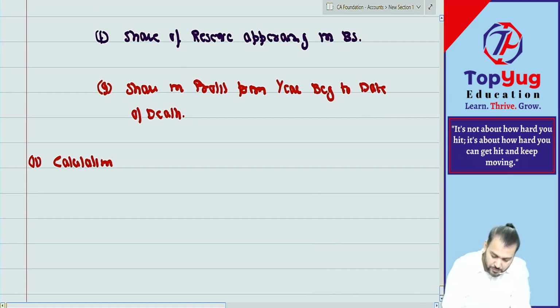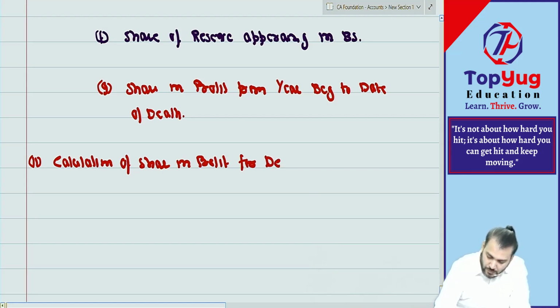Calculation of share in profit for deceased partner. Correct.